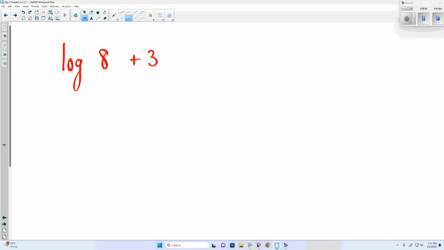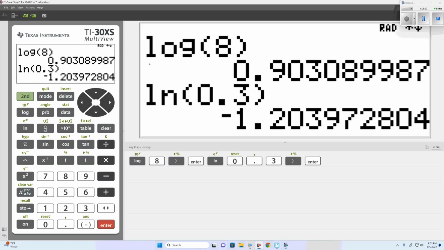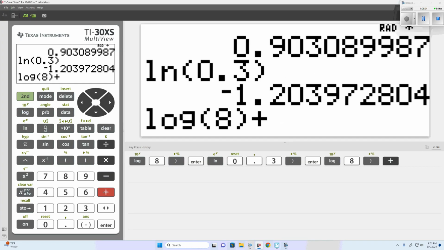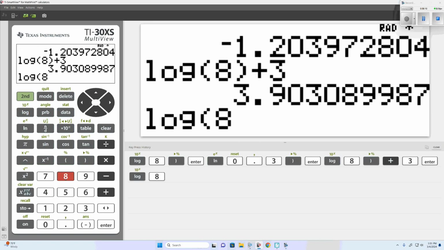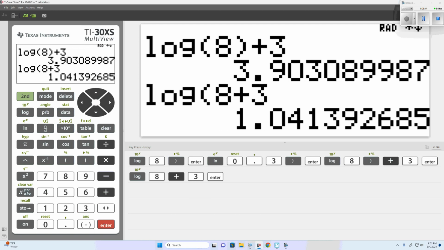Log of 8 plus 3 is 3.930. I just added it. Oh, it's different. Because again, if there are no parentheses around both numbers, it's understood to just be the first.